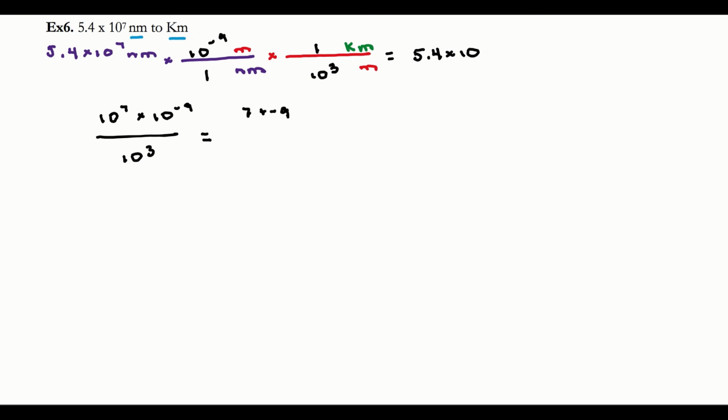And then when I divide by an exponent, I subtract, so I'm going to subtract 3. 7 plus negative 9 is negative 2. Negative 2 minus 3 is negative 5. You can always double check yourself on your calculator, but it's nice to use our brains a little bit sometimes. And that's my answer.